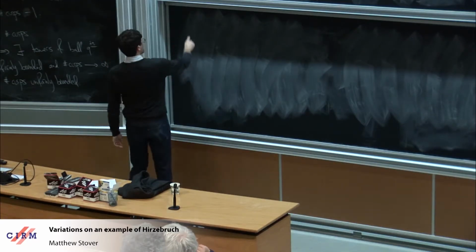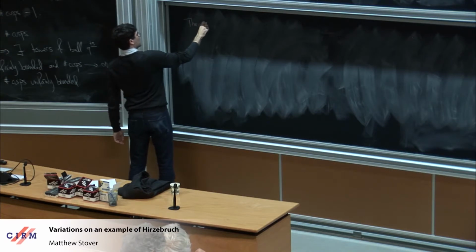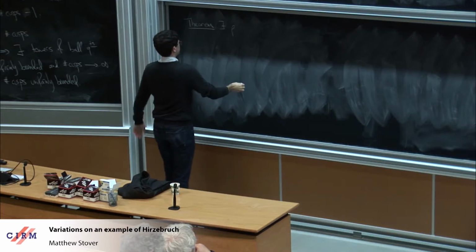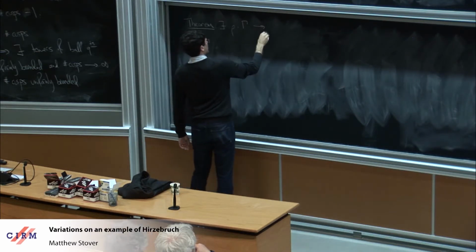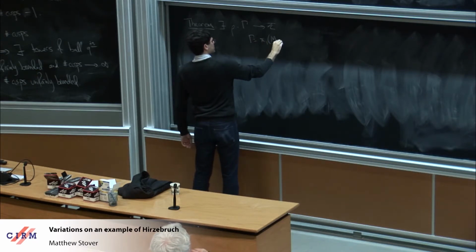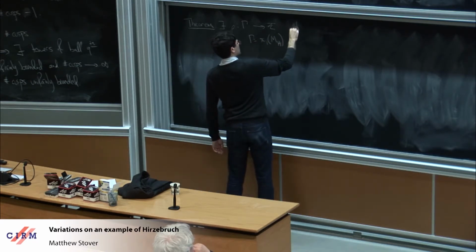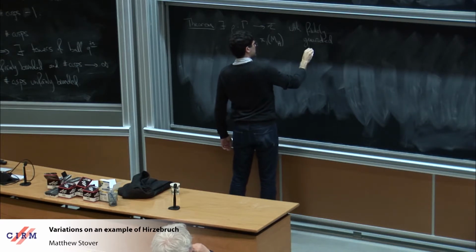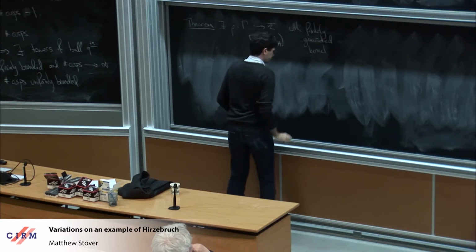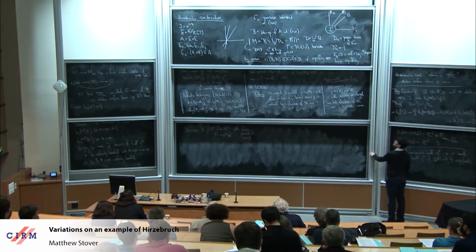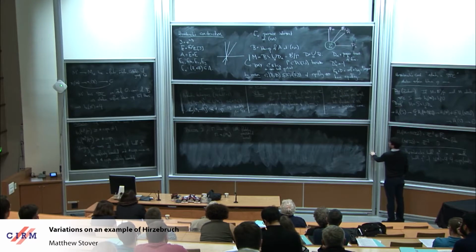But the theorem is that there exists, this is an observation, gamma is pi 1 of Hirzebruch's lattice with finitely generated kernel. Now the board comes down, so I can draw one more thing.